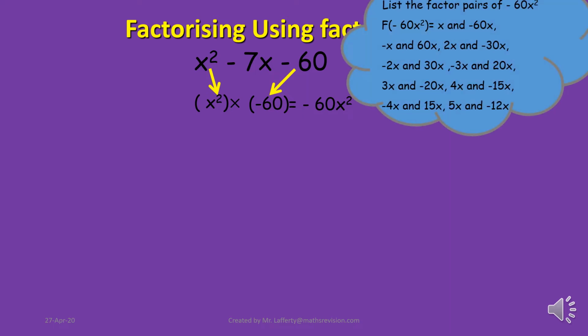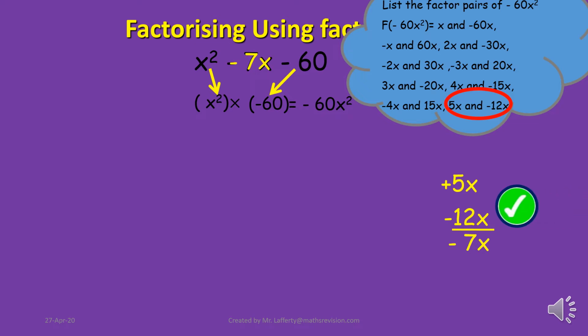Then we list the factors, and identify the pair which, if we add, gives us the middle term. We check: 5x minus 12x gives us the middle term, negative 7x.